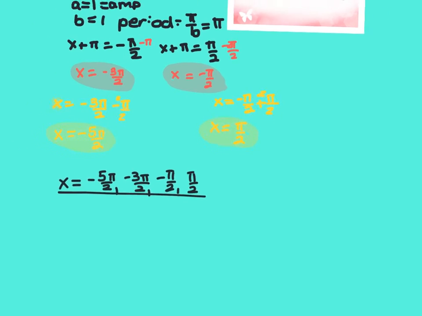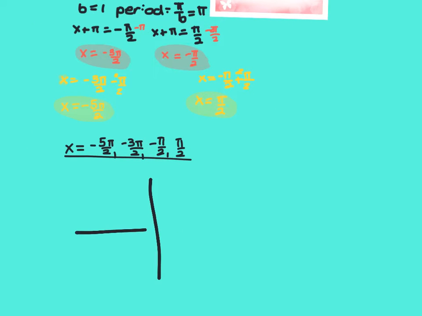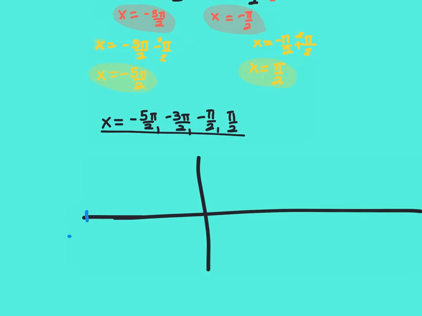And then goes to your graph. So on my graph, I'm going to plot these asymptotes, and there's a lot of negatives this time. Negative 5 pi over 2, negative 3 pi over 2, negative pi over 2, and then positive pi over 2. And then those are your asymptotes.